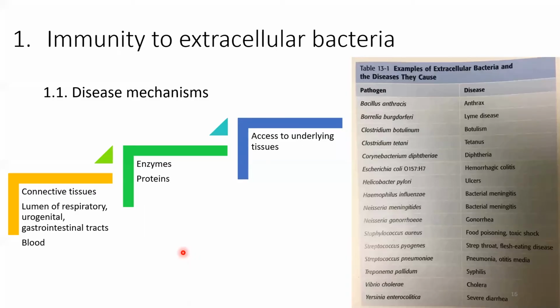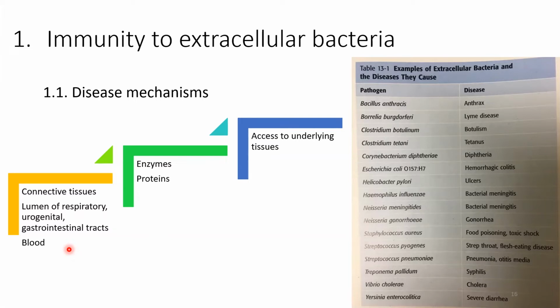So how does our immune system defend against extracellular bacteria? Once we get infection with extracellular bacteria, we have our tissue, our mucous membrane, and we have enzymes and proteins to defend.